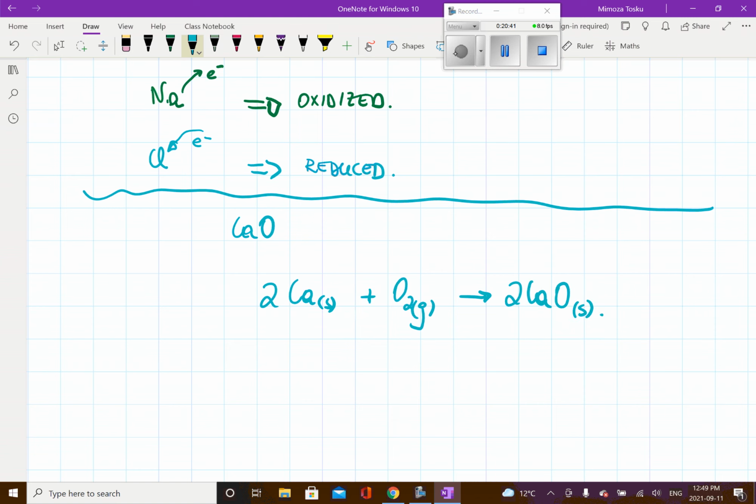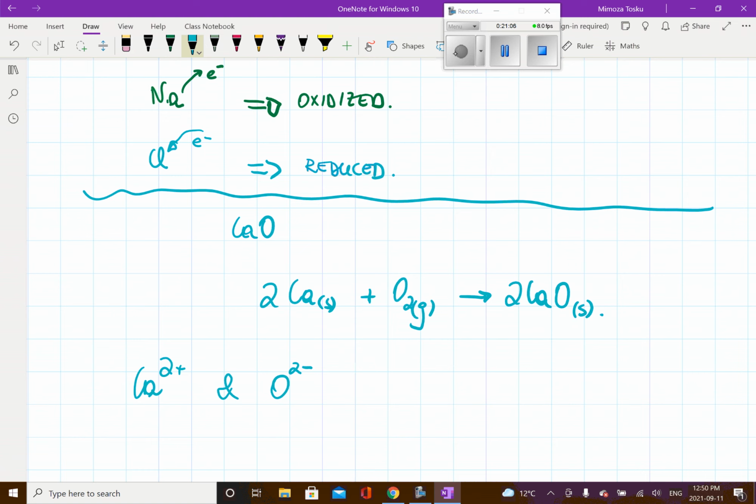Calcium oxide is an ionic compound formed between calcium 2 plus and oxygen 2 minus ion.